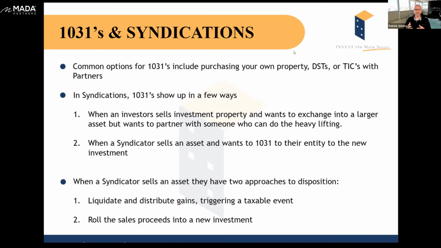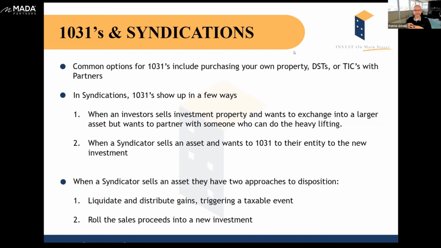Some syndicators, though, that are a little more forward thinking, that don't want to pay taxes, that want to participate in the longer term strategy, and those that have significant invested funds of their own in the deals will want a 1031 exchange forward.